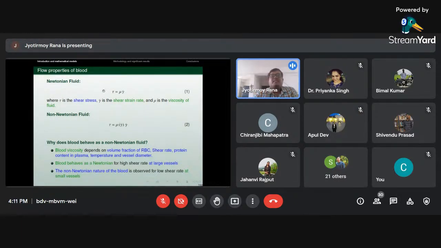Here we can see that the shear stress and shear strain relationship is linear, and mu is the viscosity, which is constant. But for a non-Newtonian fluid, the shear strain and shear stress relationship is non-linear, and the viscosity is not constant. It depends on the shear rate, the strain rate, and this type of viscosity is called apparent viscosity.